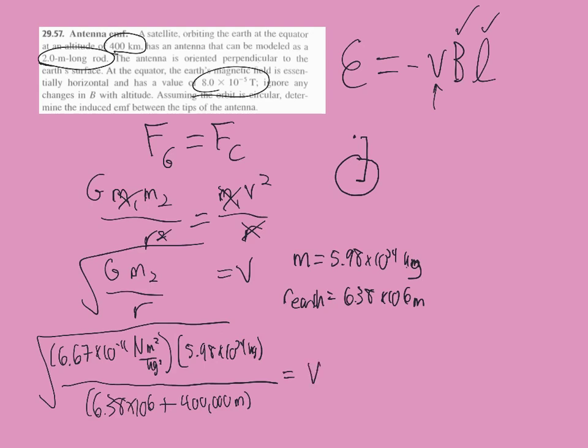Now we have to actually calculate what that is. I'm going to take my calculator and do exactly that: 6.67 times 10 to the negative 11th times 5.98 times 10 to the 24th, divided by 6.38 times 10 to the 6th plus 400,000.